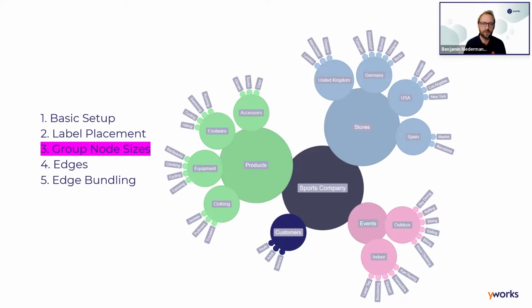So for example, you could say that the stores in the United Kingdom have less customers than the stores in Germany. So then you could make the node of United Kingdom smaller correspondingly. And with this, you can further introduce information to the Cactus Group Layout.